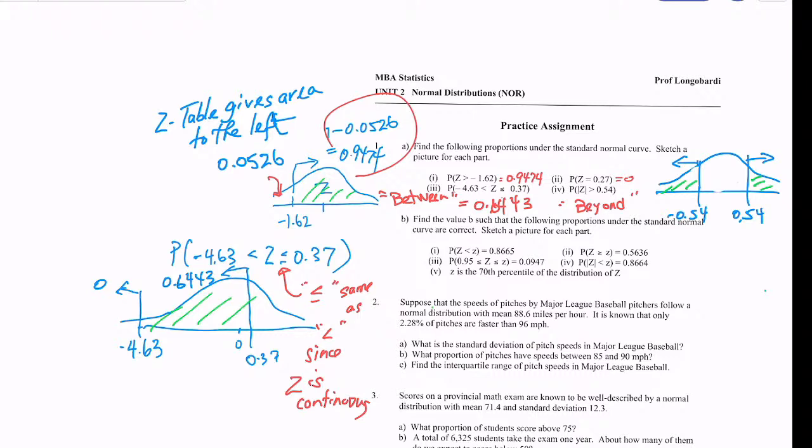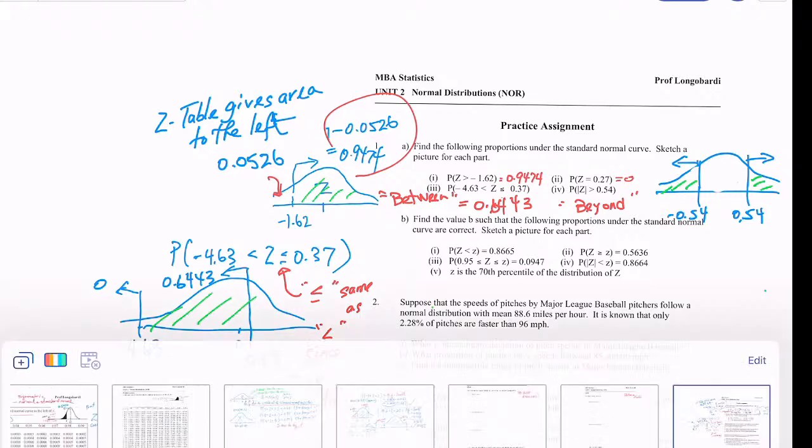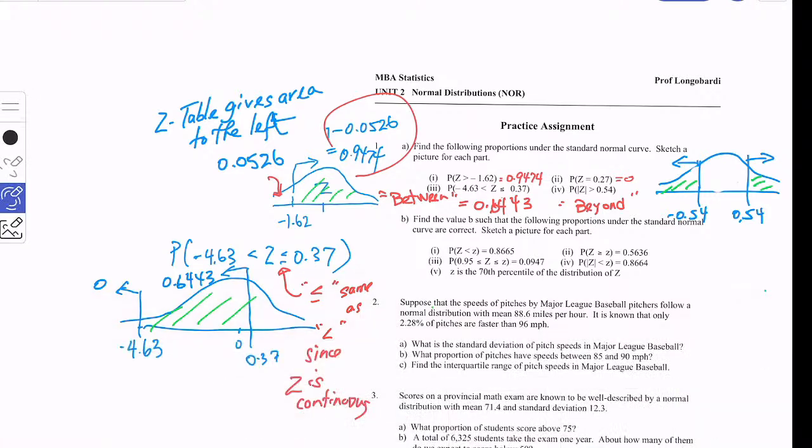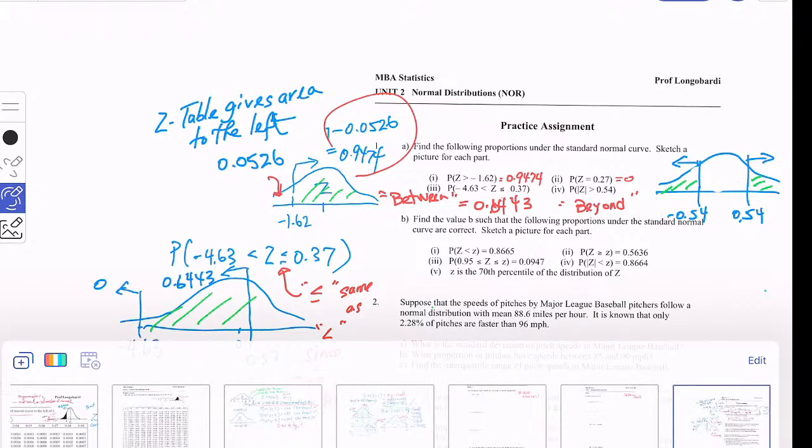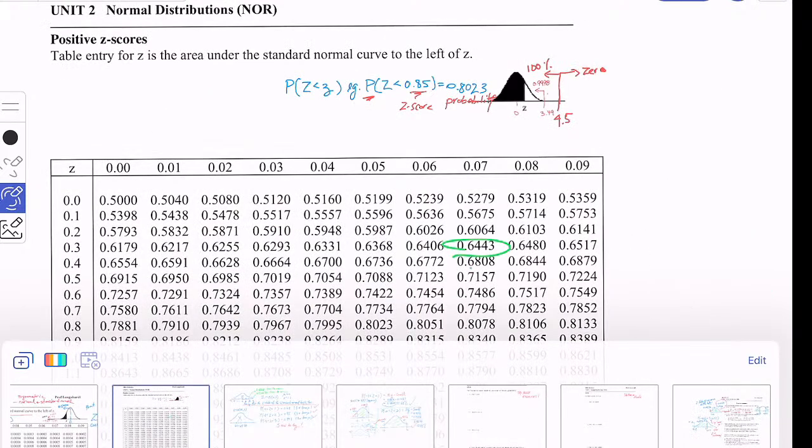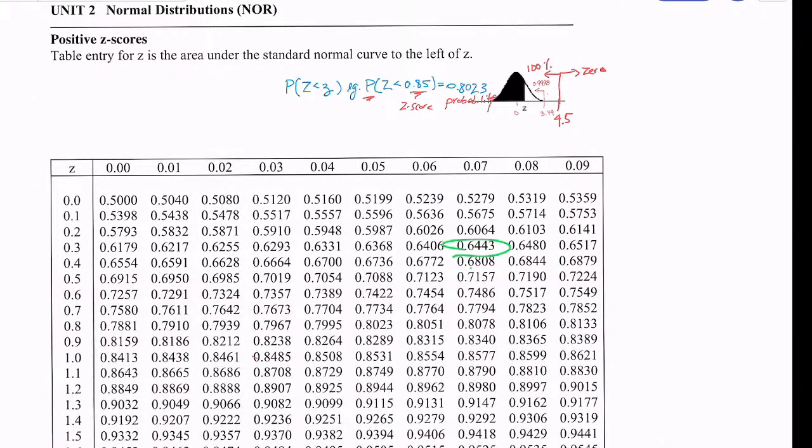Okay. So what you do is you look up negative 0.54 in the table. And it's here, 0.7054.